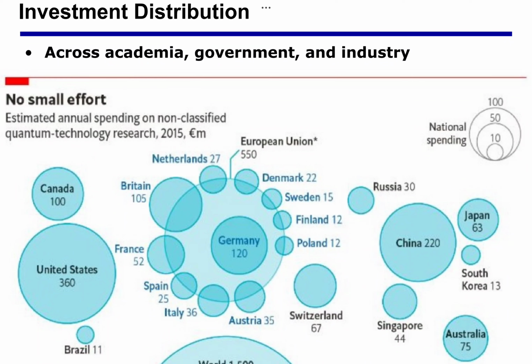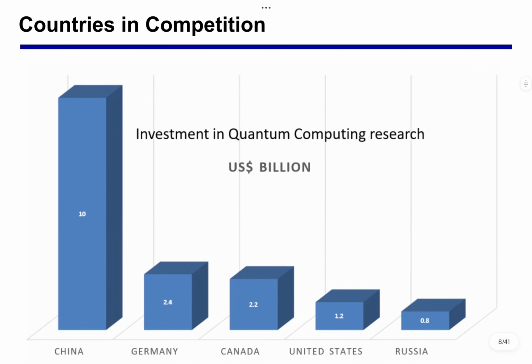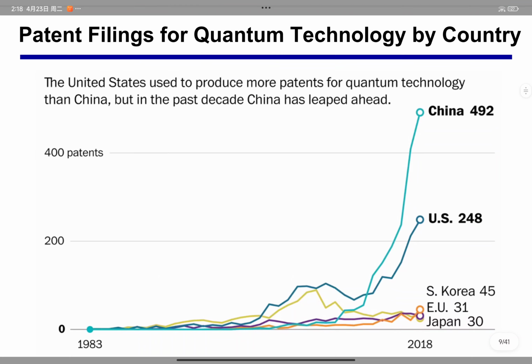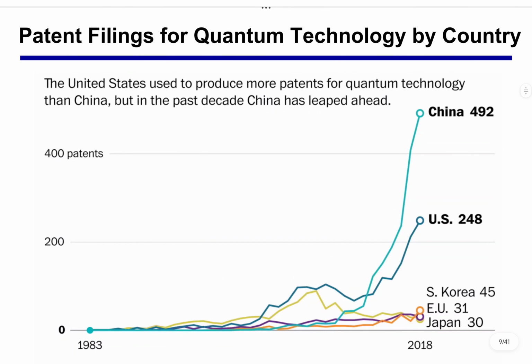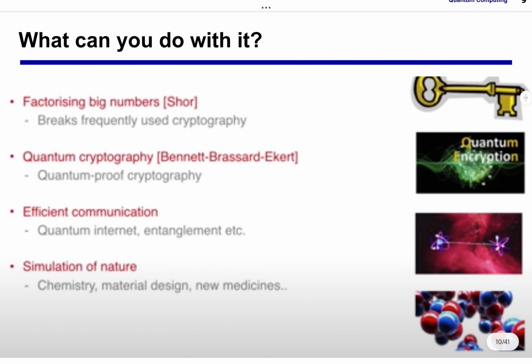And investment distribution. This is about the market and the countries. China is in first place in investment in quantum computing research, and also in patent filings by country. China is also in first place, ahead, I think.